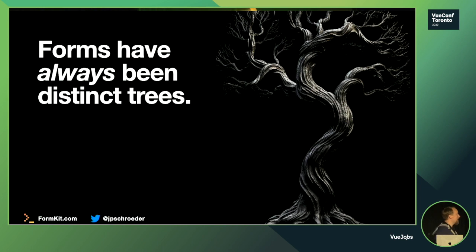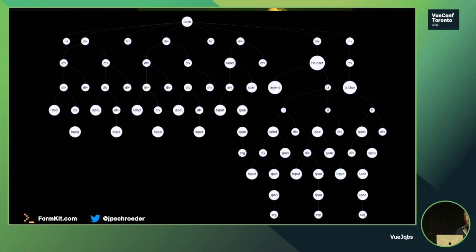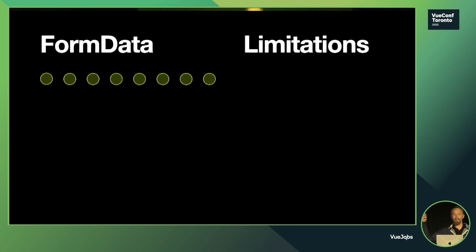And interestingly, if you think about it, forms have always been distinct trees. So form data, which is the native way that you submit a form, is essentially just going down into this, finding all of the inputs that are down there, and then extracting them out. Now, this is not an interesting tree of data. It's flat, right? And this is one of the problems, one of the limitations with form data.